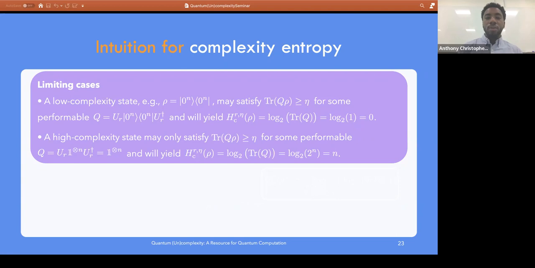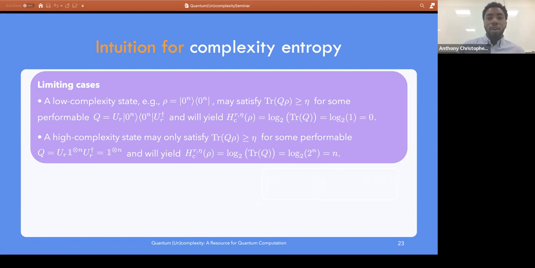But here we are only able to perform these relatively simple measurements. And so in general, I can't do that. But if rho is really, really close to the all-zeros state, then I can choose a Q whose projector is the all-zeros state, and Q will still identify rho with high probability.